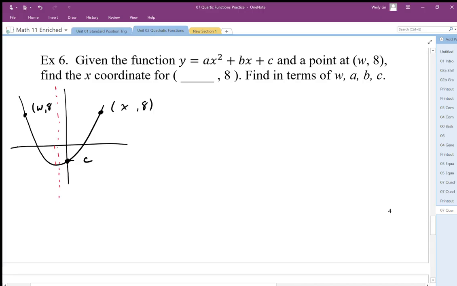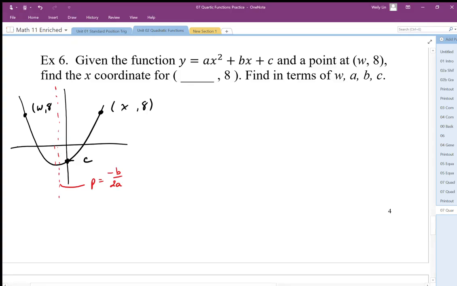Well, that's great. We can find it physically on this random graph. What is important is the position of that line of symmetry. Well, that's going to be the p value, which is negative b over 2a. So that is the line of symmetry.